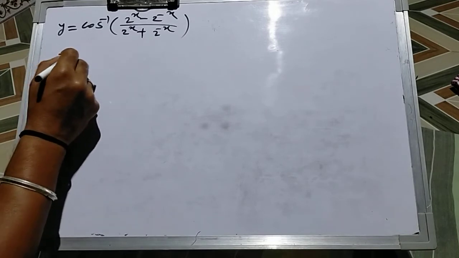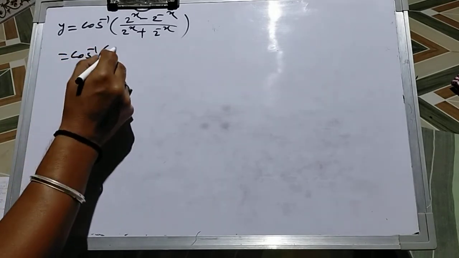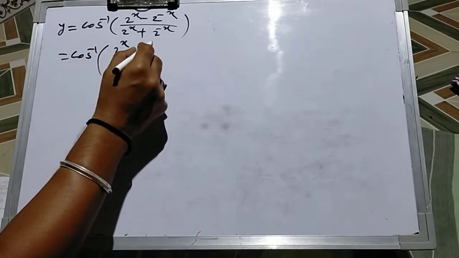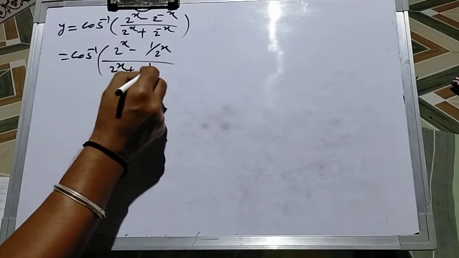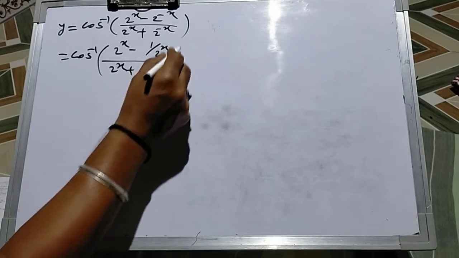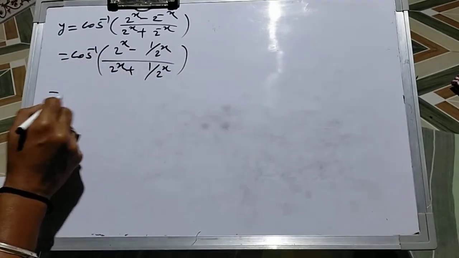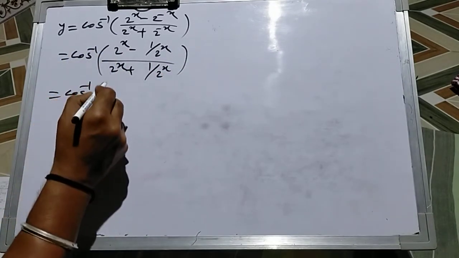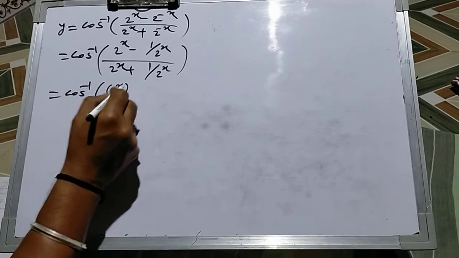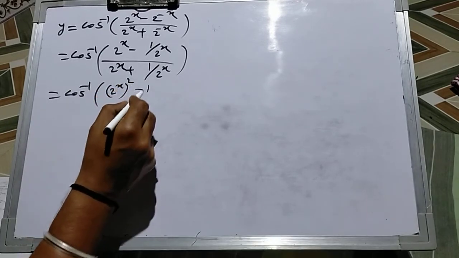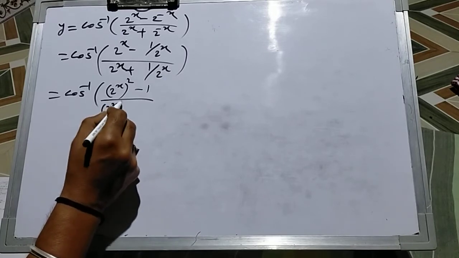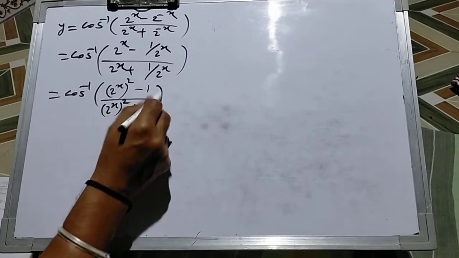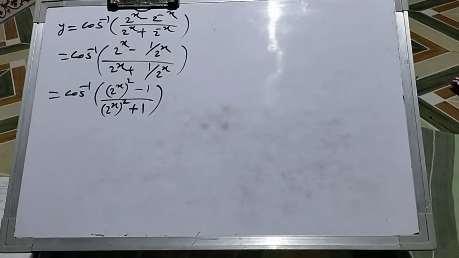So this is equal to cos inverse of 2 to the power x minus 1 divided by 2 to the power x, divided by 2 to the power x plus 1 divided by 2 to the power x. So we are taking cross multiplication. We are getting (2 to the power x) square minus 1 divided by (2 to the power x) square plus 1, and the denominator term 2 to the power x gets cancelled.